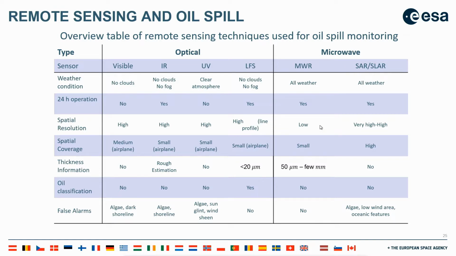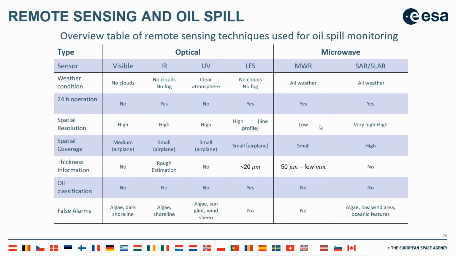So in the optical you have visible sensor, infrared, ultraviolet, laser fluorescence sensor, and in the microwave you have the microwave radiometer and also SAR, the synthetic aperture radar, and side-looking airborne radar.